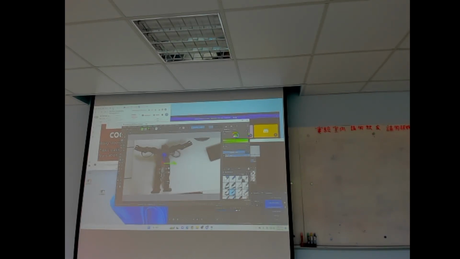So link 0 would be the geometry from our origin to this shoulder circle.